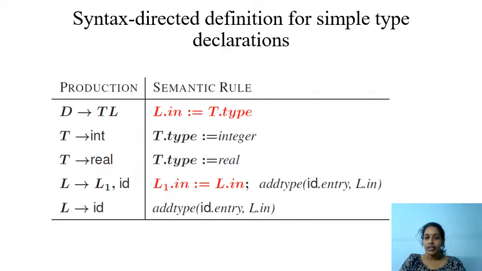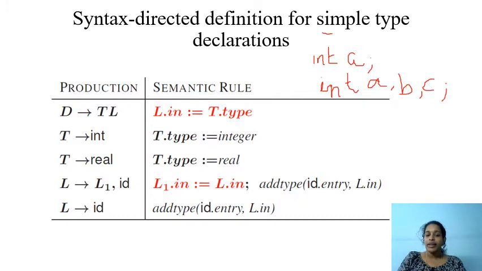Now we are going to discuss SDD for symbol type declaration. For example, int a. Another example is int a, b, c.